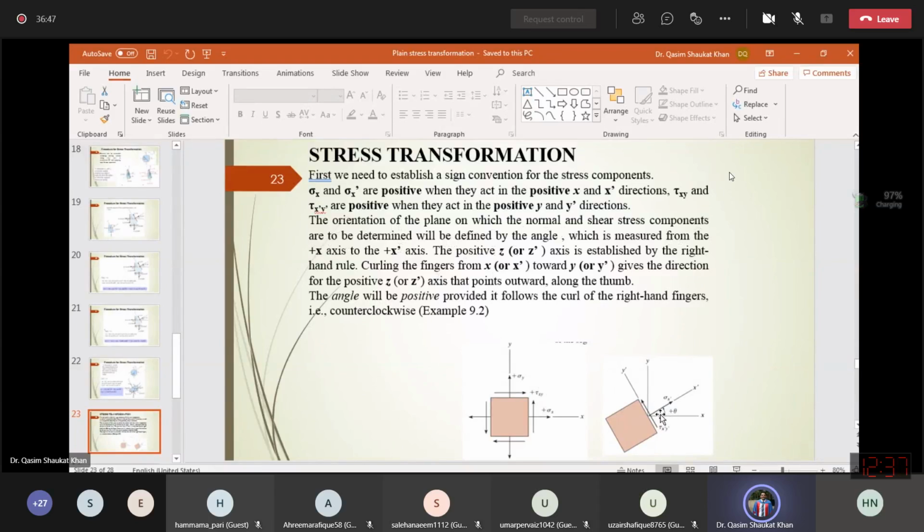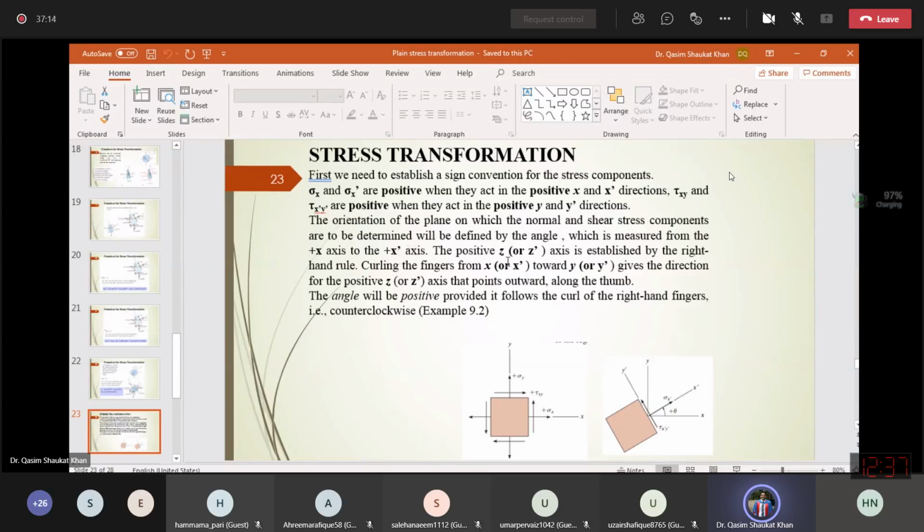So this orientation of the plane needs to be determined with respect to the x axis, moving towards the x dash axis.